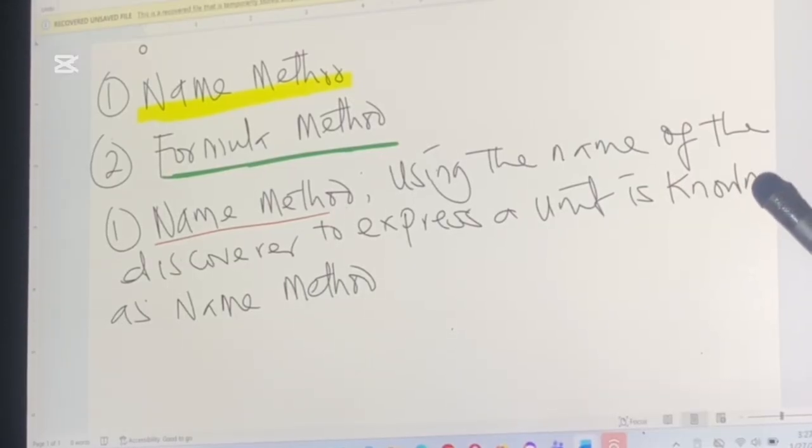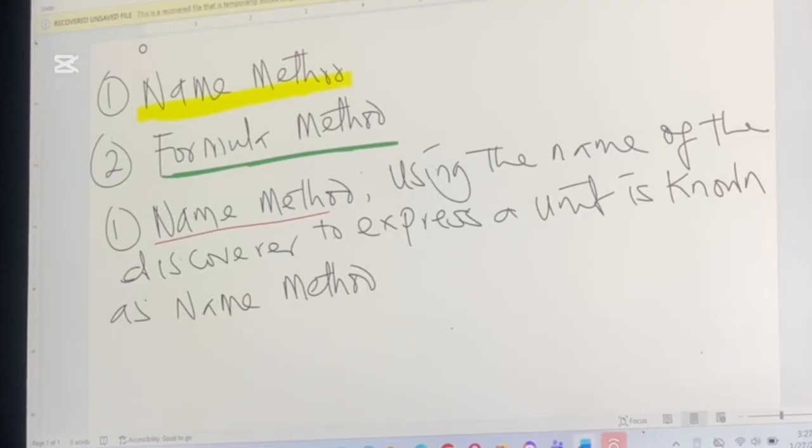Okay, let me explain here. Whenever you use the name of the person that discovered that particular quantity to express the unit, that method is name method. For example, Isaac Newton discovered force.